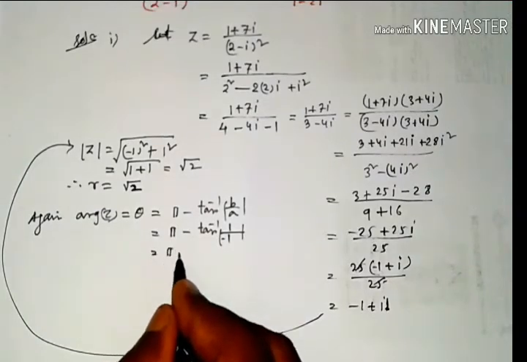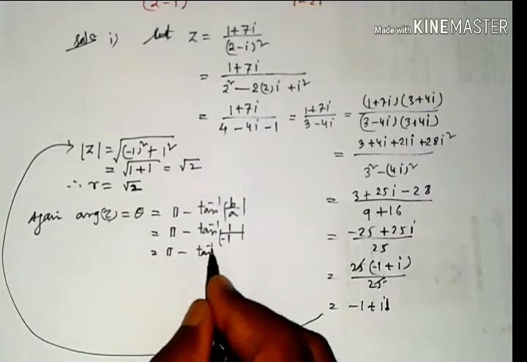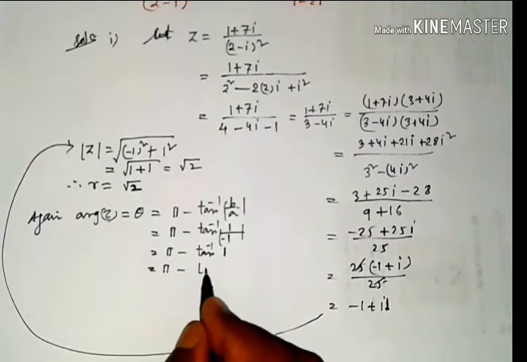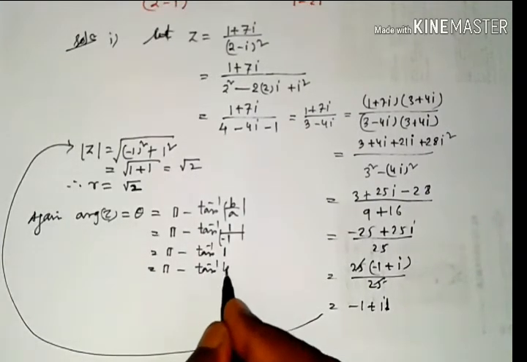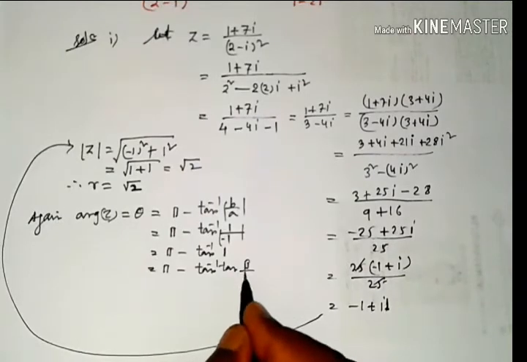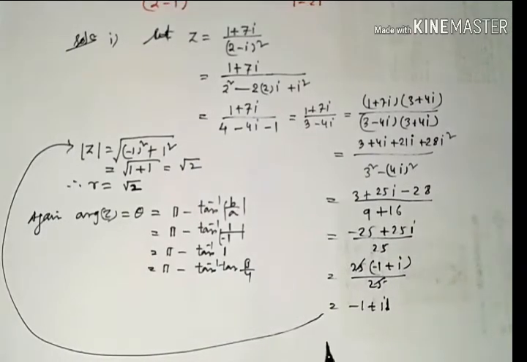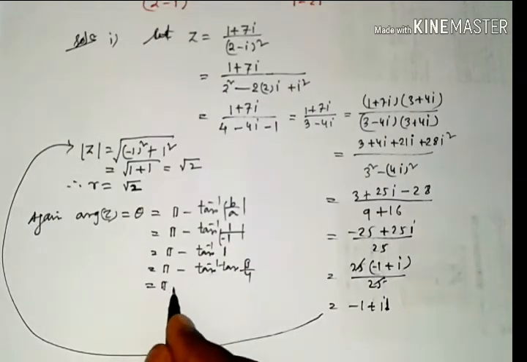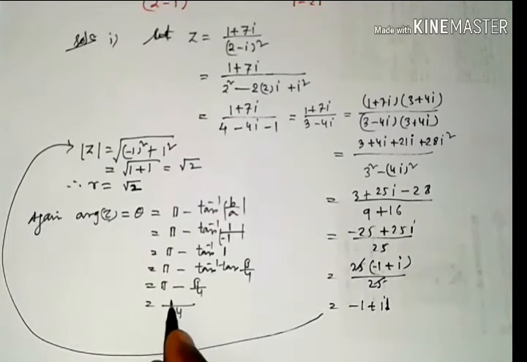This is pi minus tan inverse 1. Tan inverse 1 is pi by 4, because tan pi by 4 is equal to 1. Pi minus pi by 4, that is 3 pi by 4.